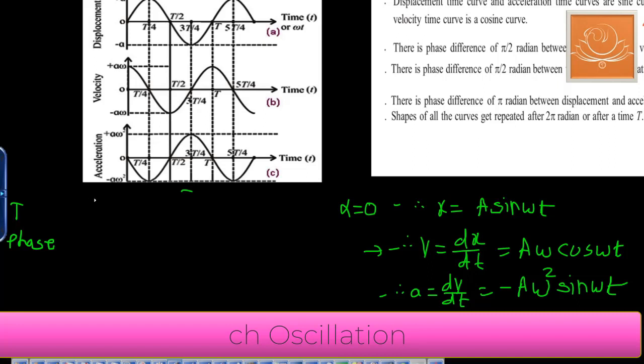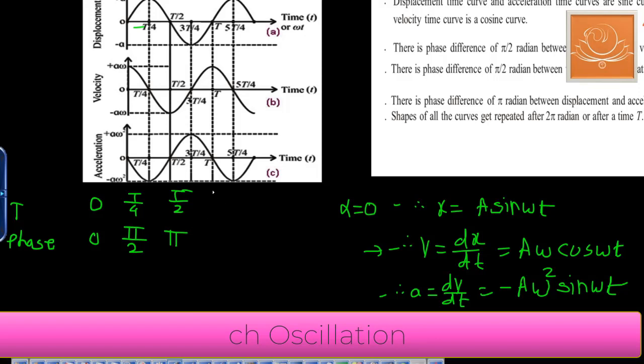At t equal to 0, the corresponding phase is 0. At t equal to T by 4, the corresponding phase is pi by 2. At t equal to T by 2, the corresponding phase is pi.